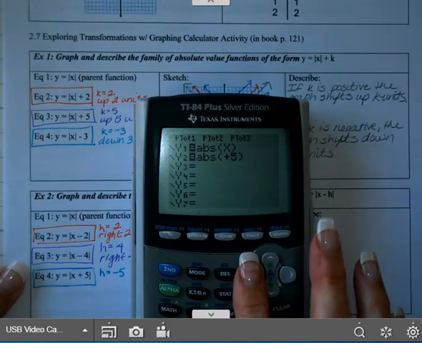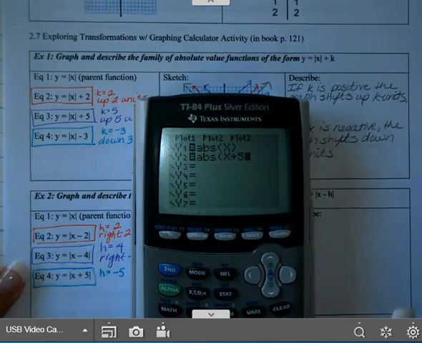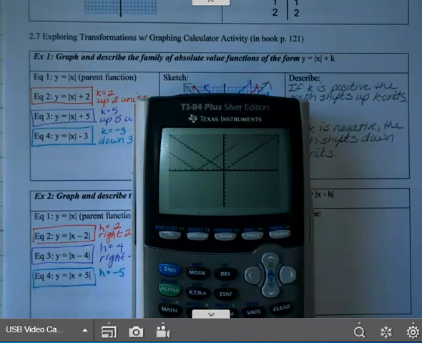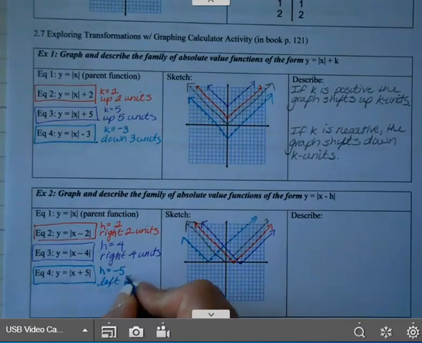I deleted my X. Give me a sec. So X plus 5. Okay, graphing that. This time it moved left 5, so let's put that on our paper. So our graph moves left 5 units.